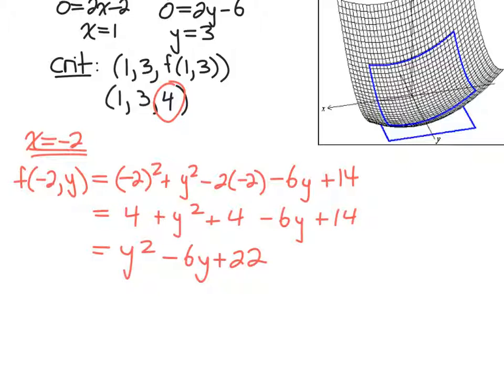Okay, so this is the equation of a parabola that opens upward. So let's put this in standard form or vertex form by completing the square, because it's probably the easiest approach. If I want to complete the perfect square trinomial here, what number would go in the gap?